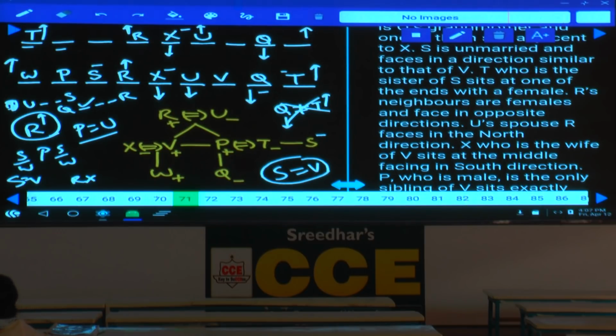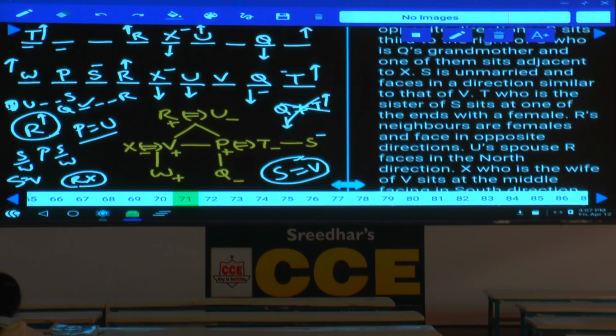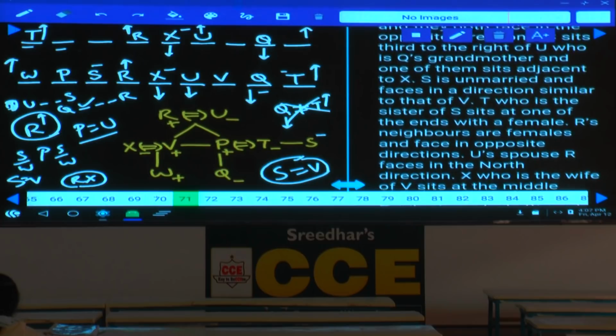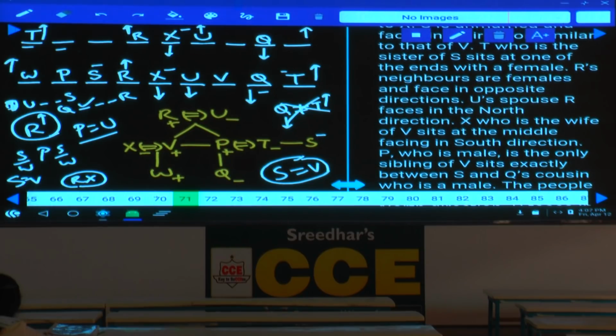Done with this? Then, and opposite direction. And which two are in opposite directions here? R and X. S and V are facing the same direction. Now T, who is a sister of S, is unmarried and faces in a direction similar to that of V. R's neighbors are females and face in opposite direction.